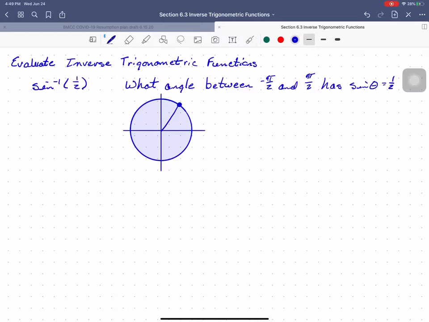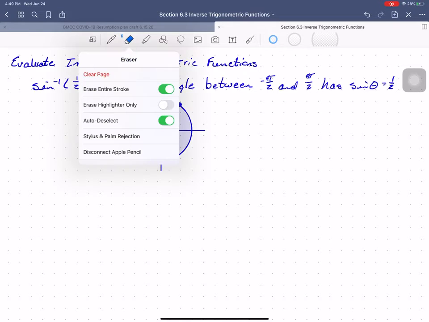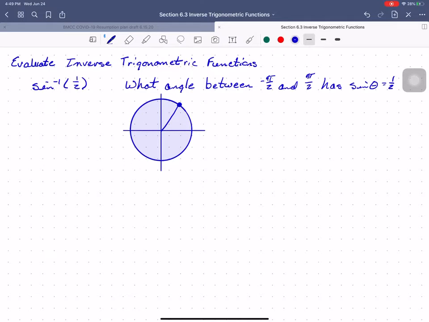That looks like pi over 3. So this thing we know has got coordinates root 3 over 2, 1/2, because we're talking about the unit circle.